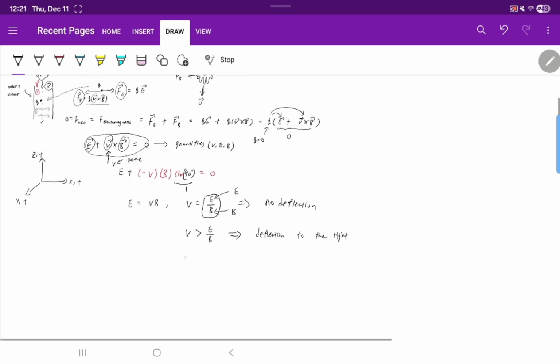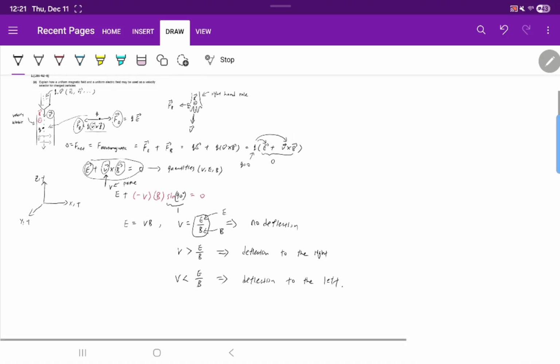What if the velocity is less than E over B? Again, going back to the free body diagram, it will deflect to the left because the magnetic force is larger, right?